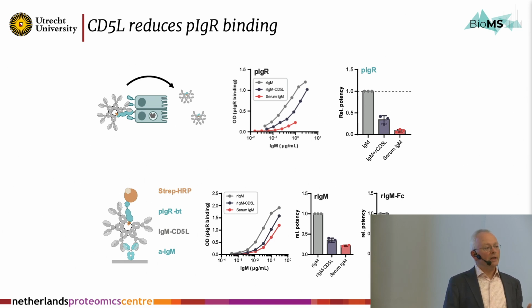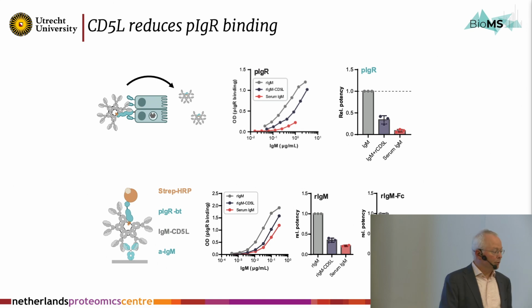Now for IgA, PIGR binding is extremely important because that's how the IgA can actually be transferred to the breast milk or to other saliva, to other secretory fluids, or even the mucosa. So binding to PIGR is extremely important for getting into that sort of fluids. So if CD5L is there, it seems that IgM cannot do that anymore.